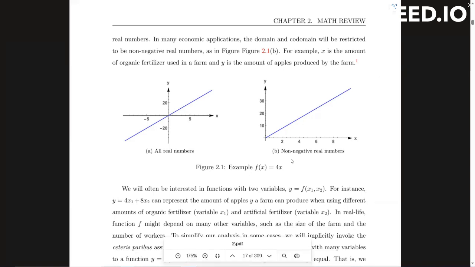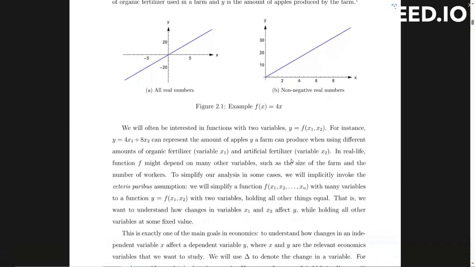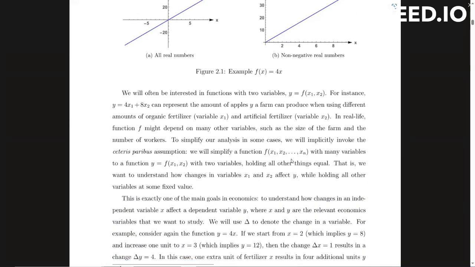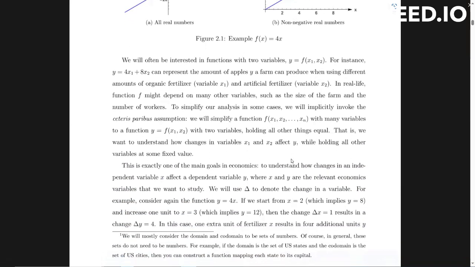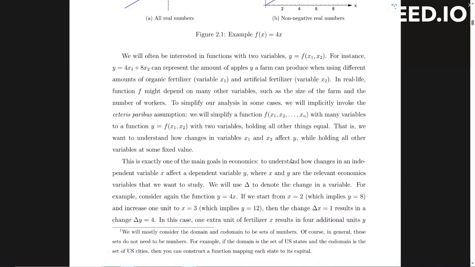But already we introduce the idea of the multivariable function. It says it right there. Let's read ahead here. We will often be interested in functions with two variables. That's going to be a multivariable function. y equals a function of x1 and x2.